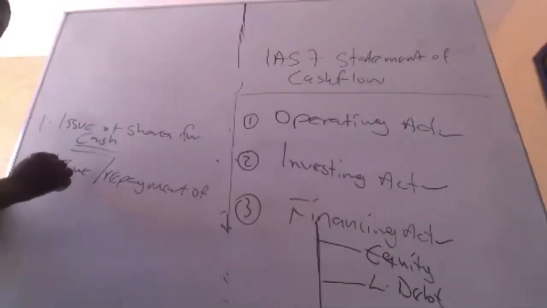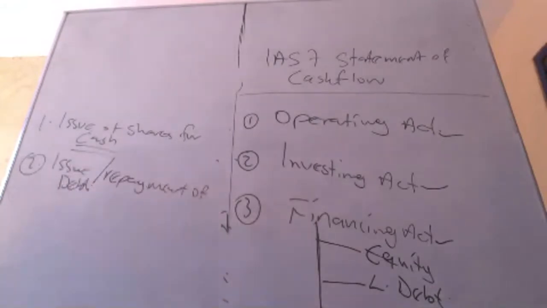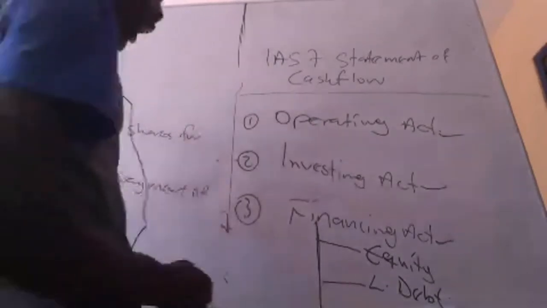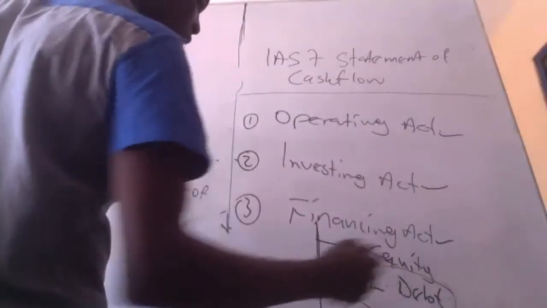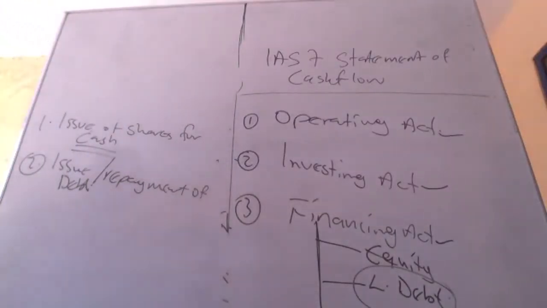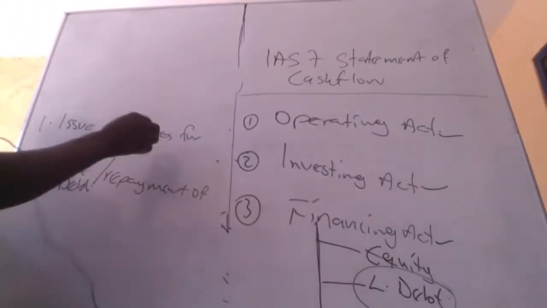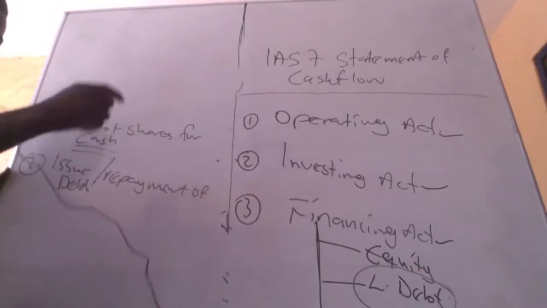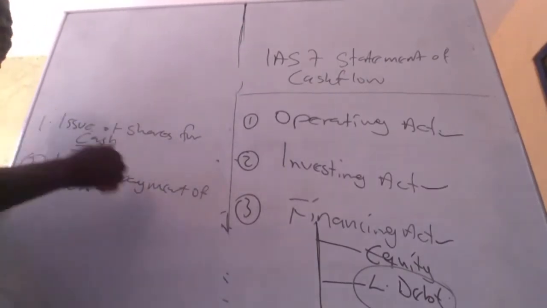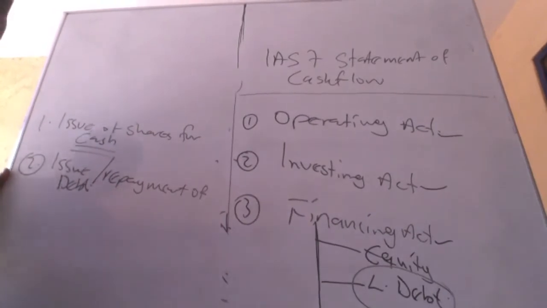Of loan or debt. If you go for debt, probably new advance, top up your debt, or repayment of debt, all of these are financing activity. Then, if these two are the major financing activities, any transaction that relates to these two also forms part of financing.